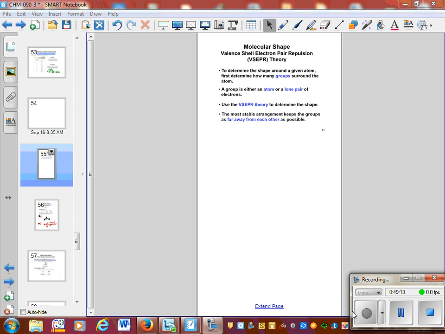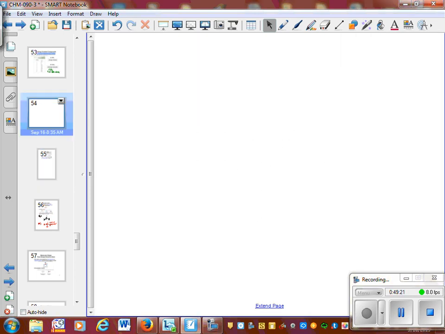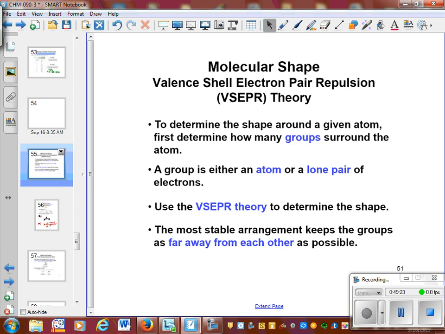So, the theory says, when we did the Lewis diagrams, the electrons were in pairs, right? Charge on electrons are negative. So do they want to be next to each other? They repel each other. So, we're looking at the valence electrons and how they're going to repel each other.